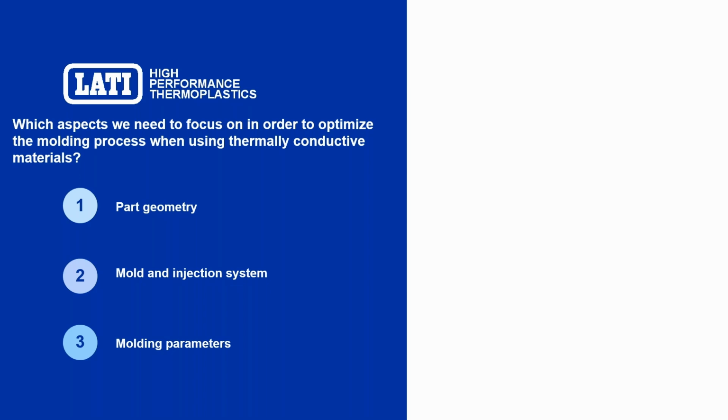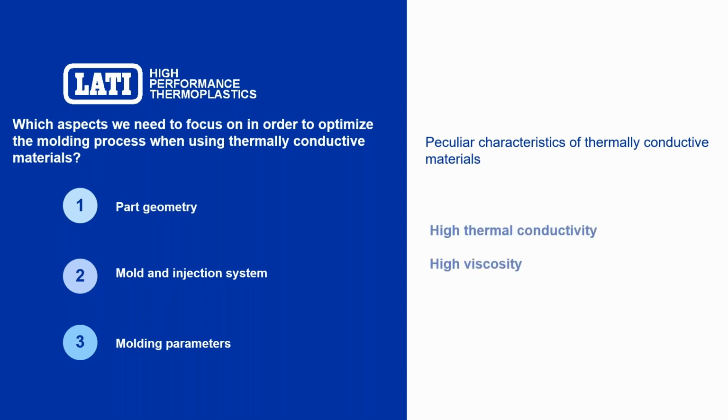The molding parameters should be the result of the choice of the material and the injection system, and not chase any eventual errors and defects coming from the past steps. The two peculiar characteristics we need to keep in mind when molding these materials are the higher thermal conductivity compared to standard thermoplastic compounds, and the higher viscosity.